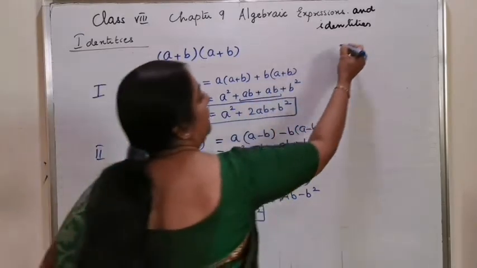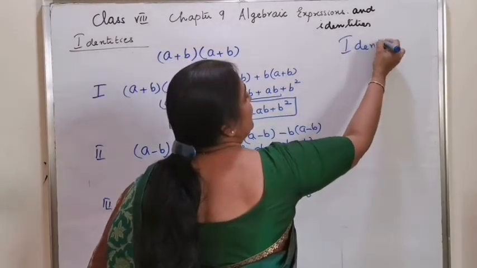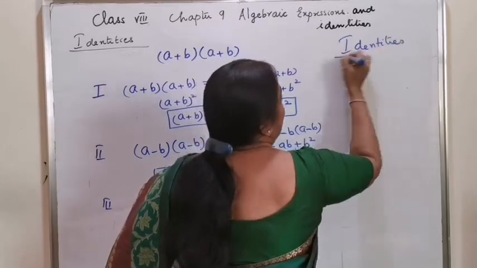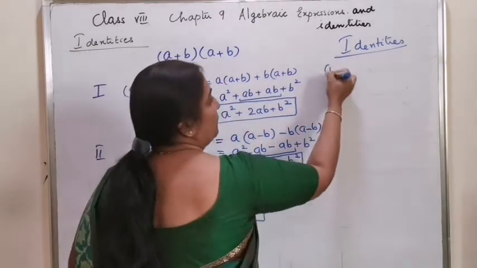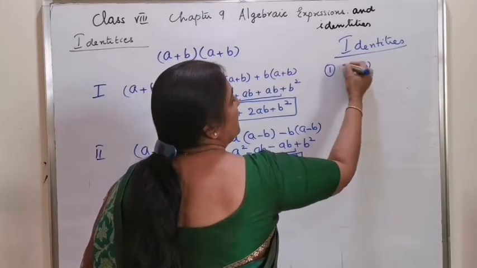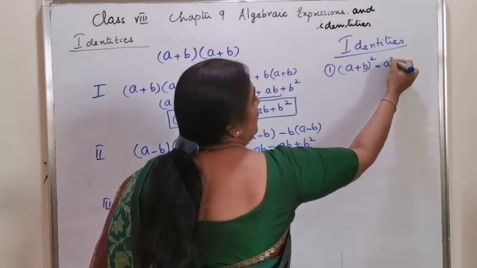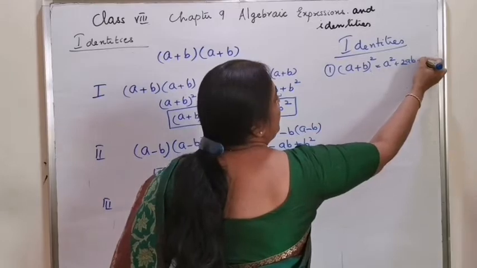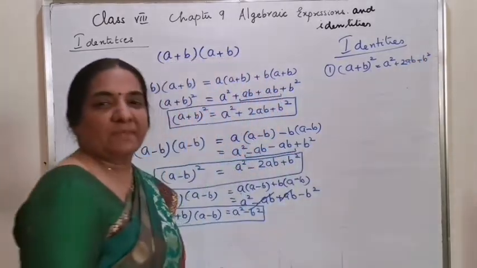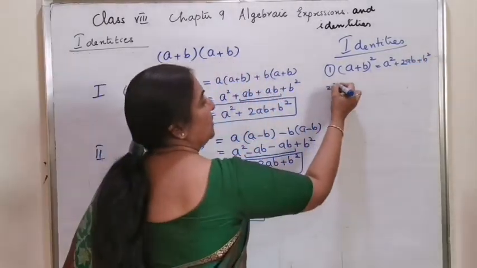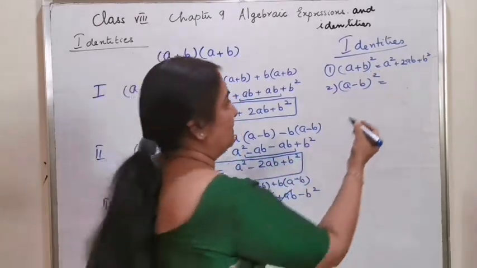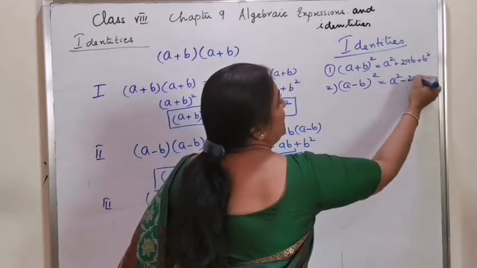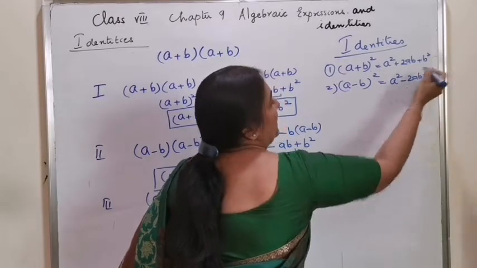So the identities which you need to learn thoroughly are the first identity: (A plus B) the whole square is equal to A square plus 2AB plus B square. The second identity: (A minus B) the whole square is equal to A square minus 2AB plus B square.